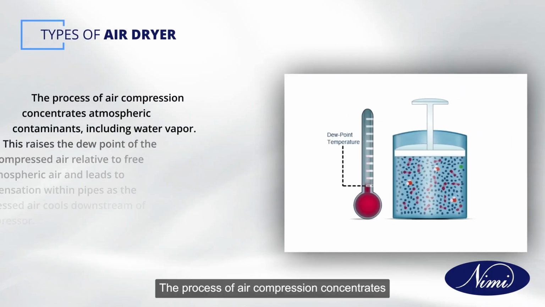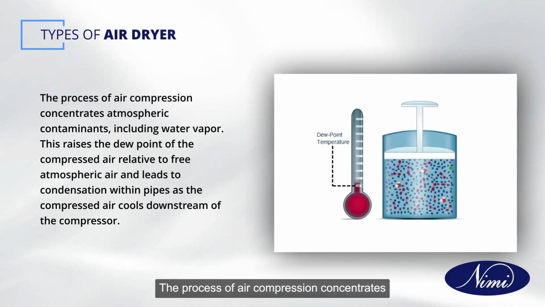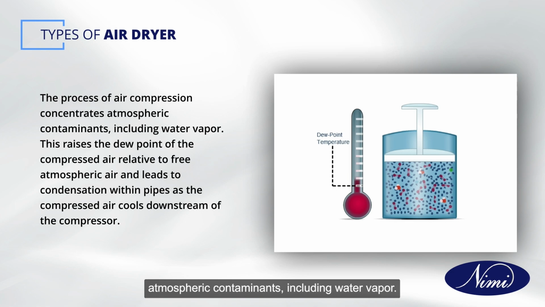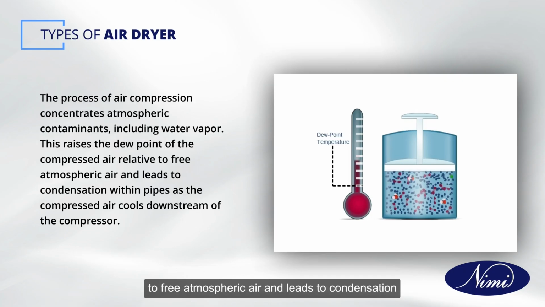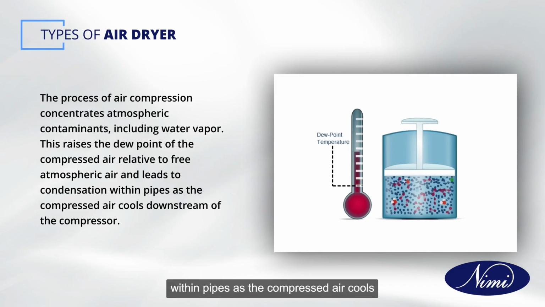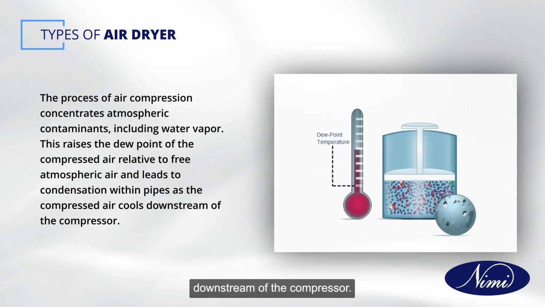The process of air compression concentrates atmospheric contaminants including water vapor. This raises the dew point of the compressed air relative to free atmospheric air and leads to condensation within pipes as the compressed air cools downstream of the compressor.